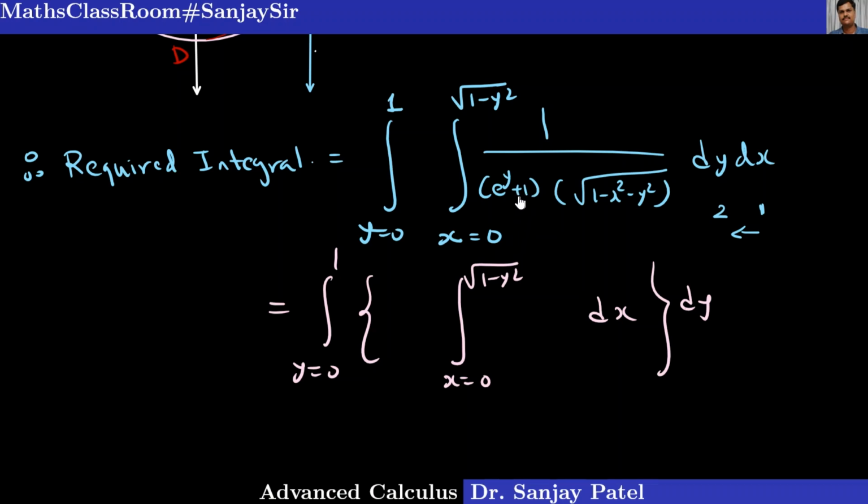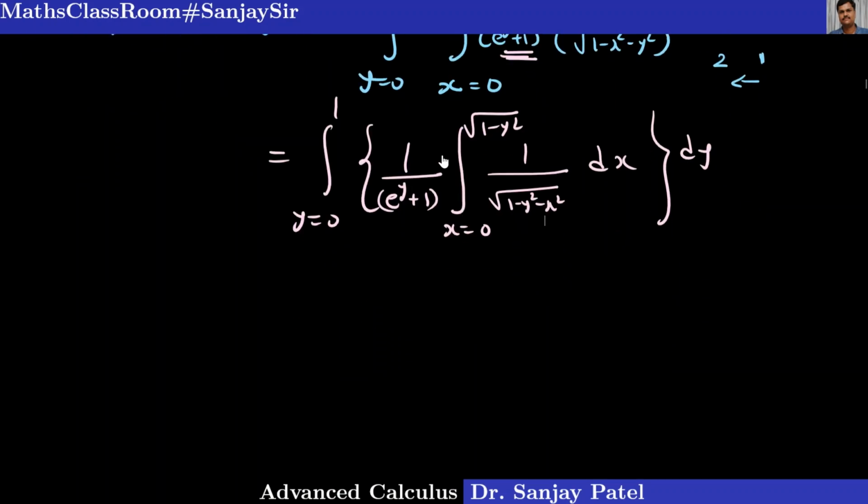This is constant when you integrate with respect to x first, so I am keeping it outside of this integral sign, so it will not disturb you: 1 upon e raised to y plus 1. And the term which contains the variable x I am keeping like this, square root of 1 minus y square minus x square. Now let us integrate this, which is very, very easy.